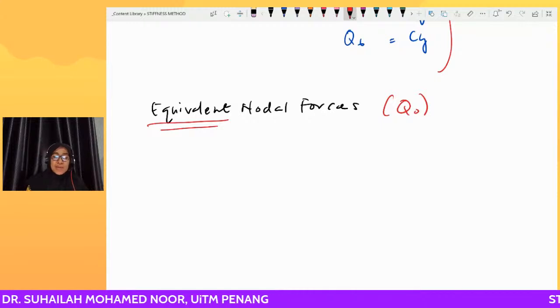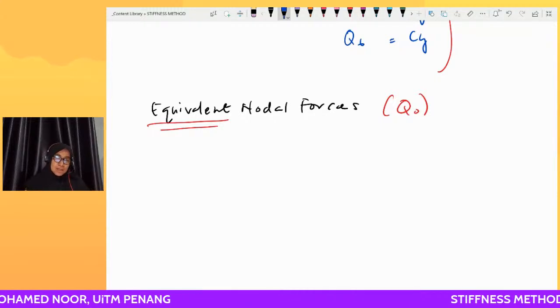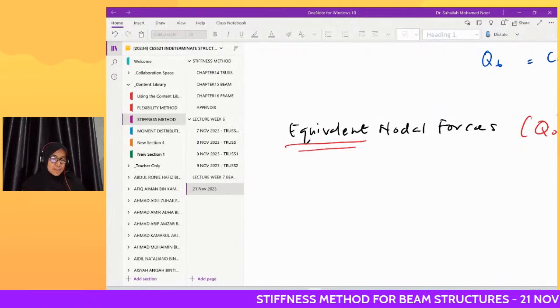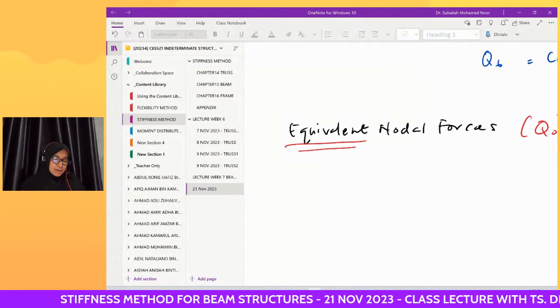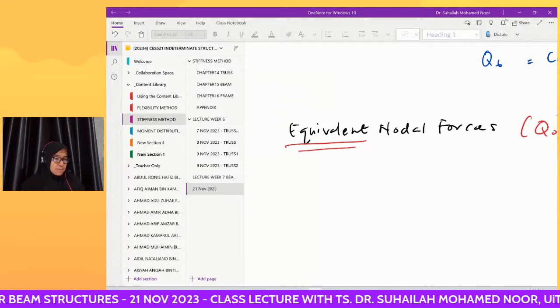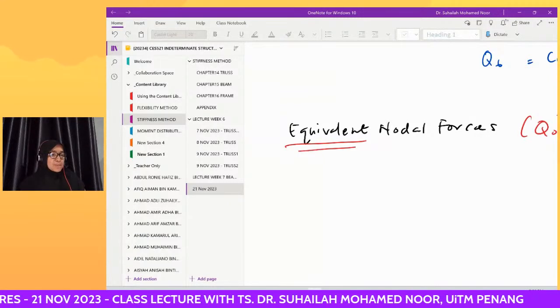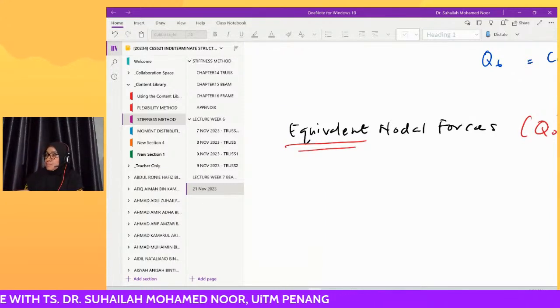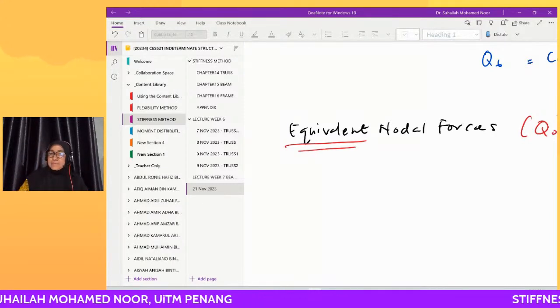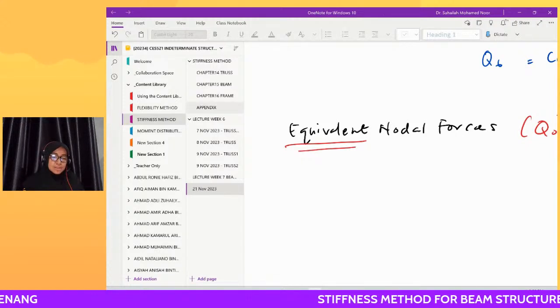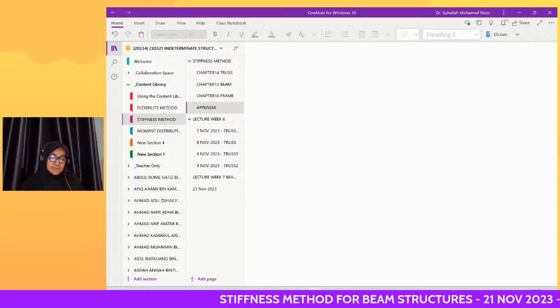Because of this, let me show you the appendix that is normally given in past year's exam papers, the appendix for the stiffness method.